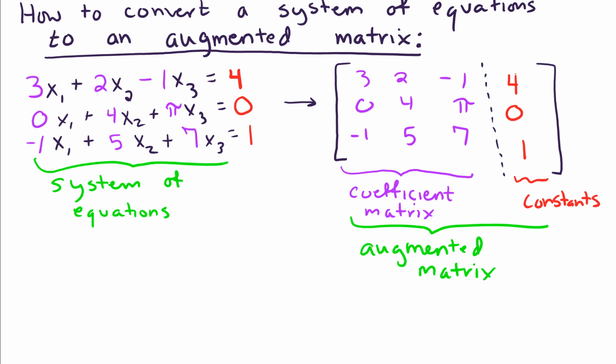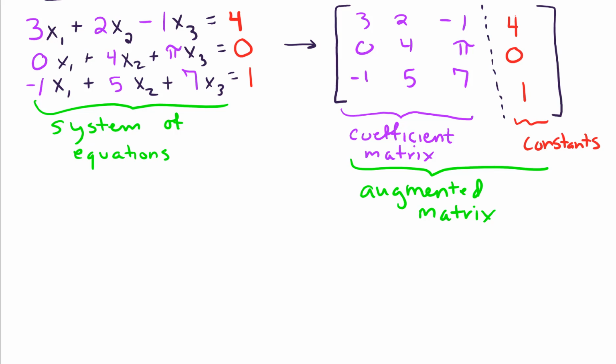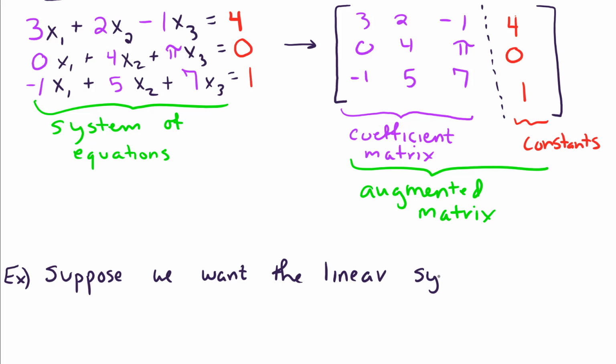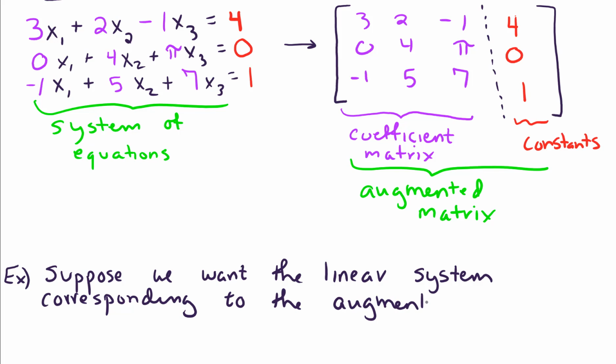All right, now as a different example, suppose somebody gave you the augmented matrix and wanted the system of equations. So let's look at an example. Suppose we want the linear system corresponding to the augmented matrix given below.